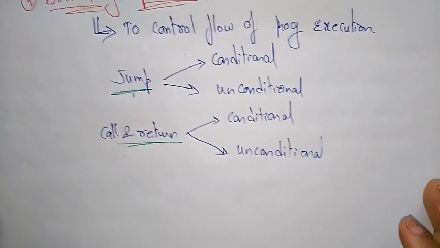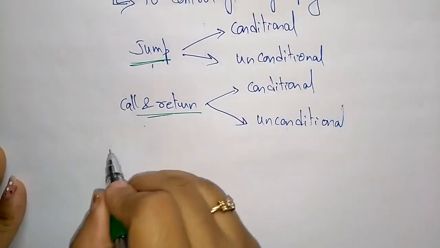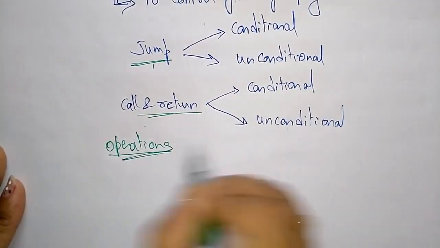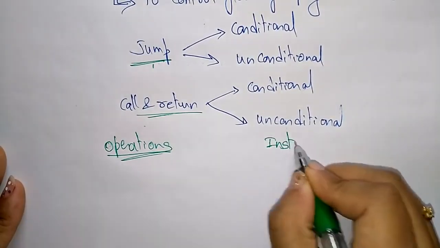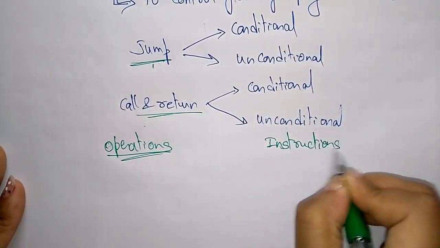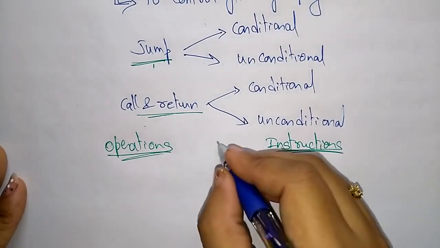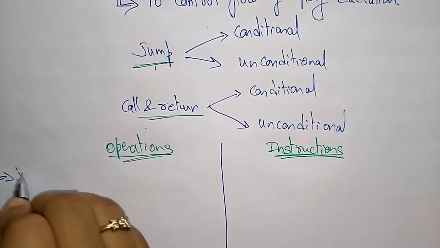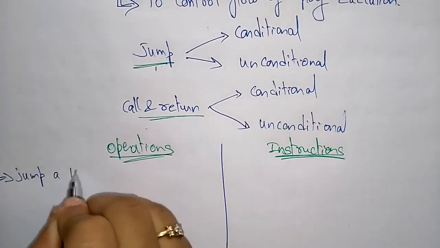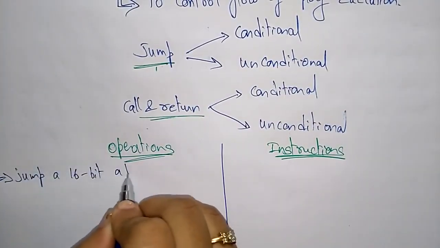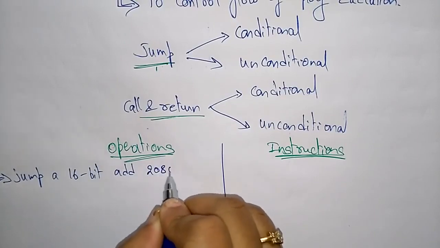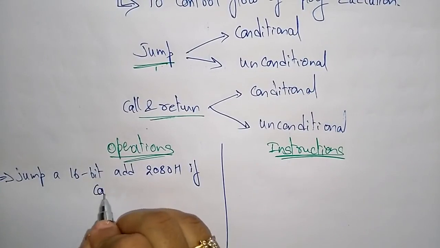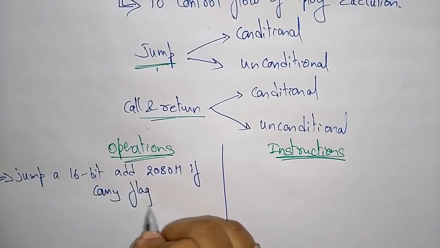Now let us see the branching operations and the instructions written for them. Let me write that. Suppose I have written jump to a 16-bit address, 2080H, if the carry flag is set.